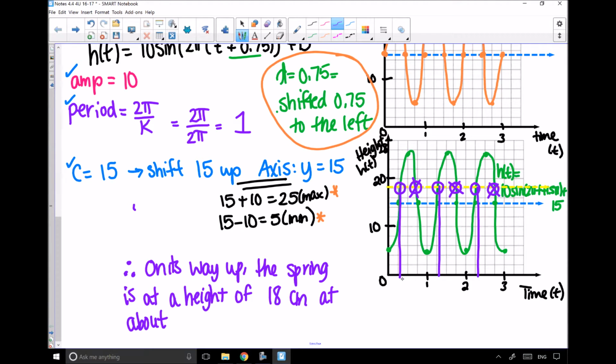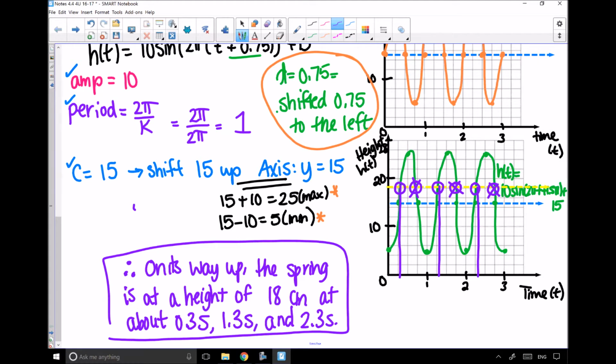This is a little bit more than a quarter, so we'll say 0.3 seconds. This is a little bit more than 1 1/4, so we'll say 1.3 seconds. And here we've got about 2.3 seconds. Okay, and that's our answer to question number 2.